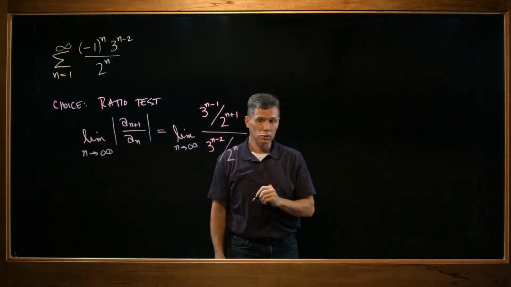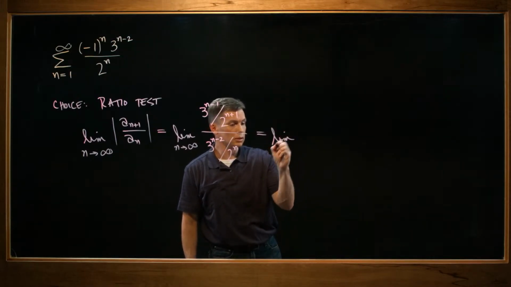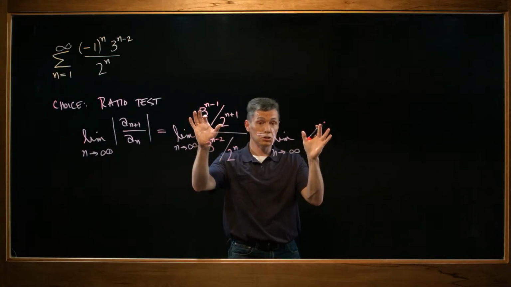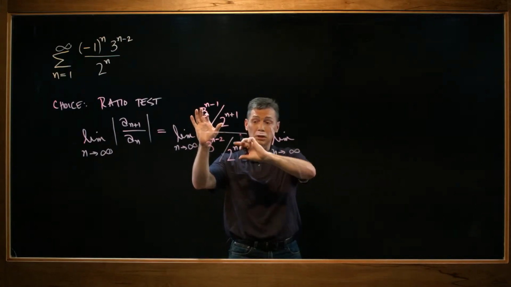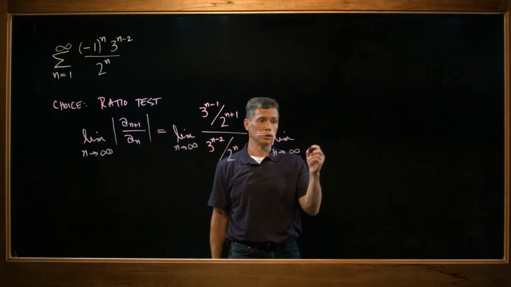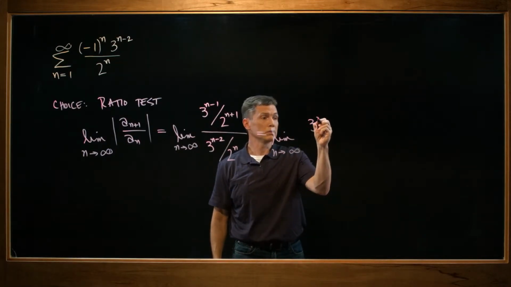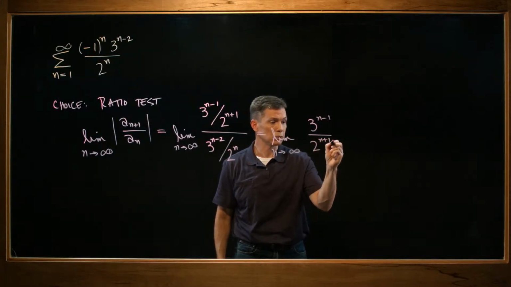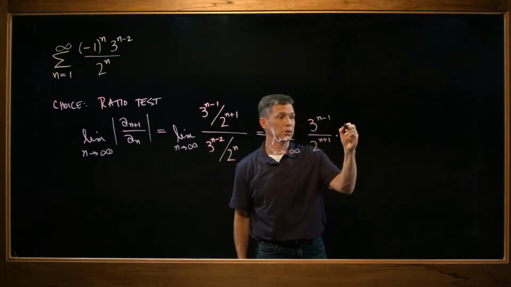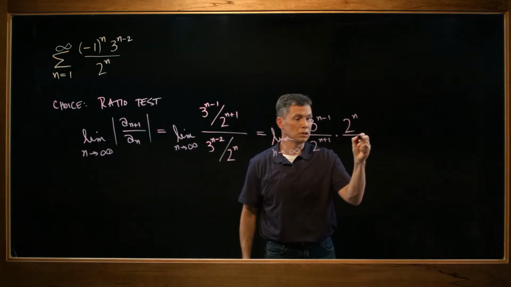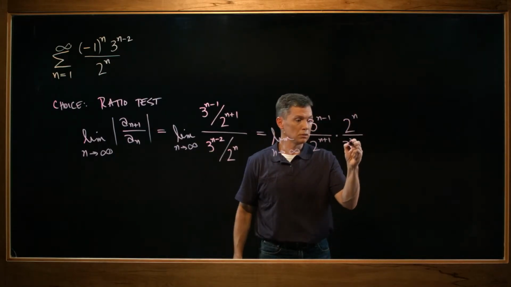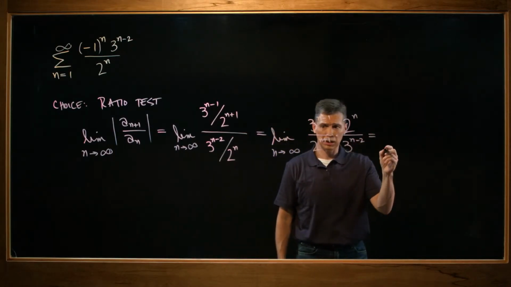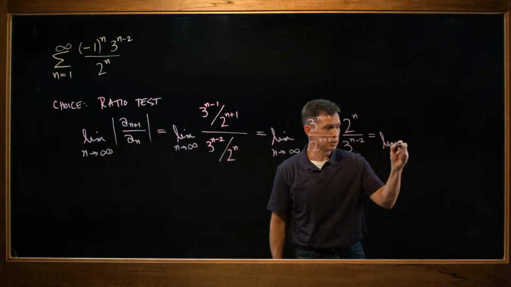Let's clean that up a little bit. Limit still, n goes to infinity still. Just so that the algebra is clear, I'm going to rewrite this as an invert and multiply step: 3 raised to the n minus 1 over 2 raised to the n plus 1, multiply, flip, 2 raised to the n over 3 raised to the n minus 2. The algebra is looking pretty good now, because I'm going to simplify in the next step.